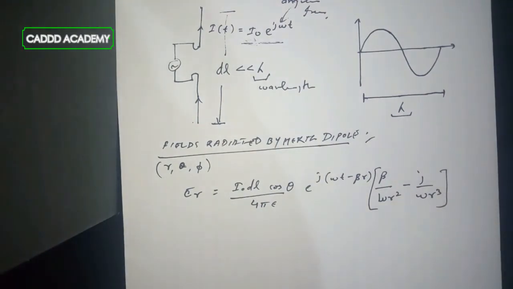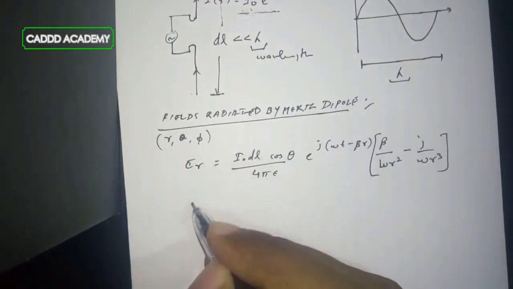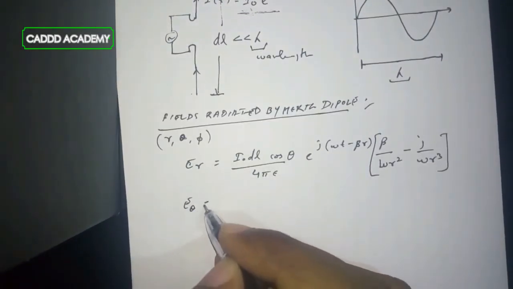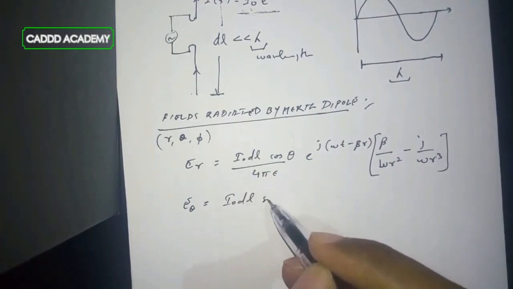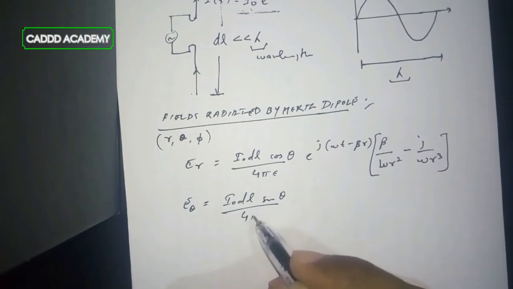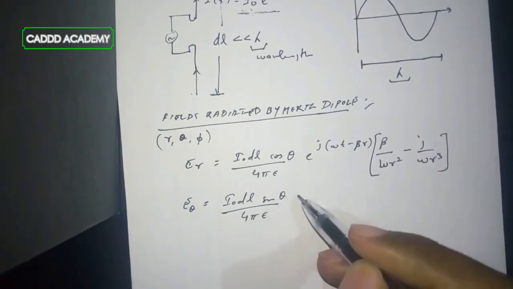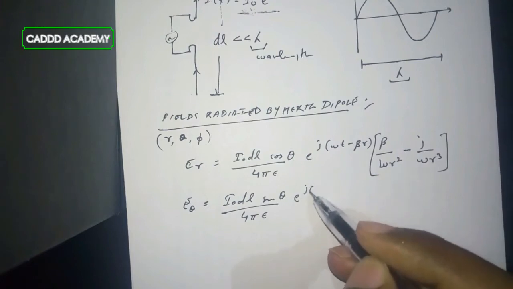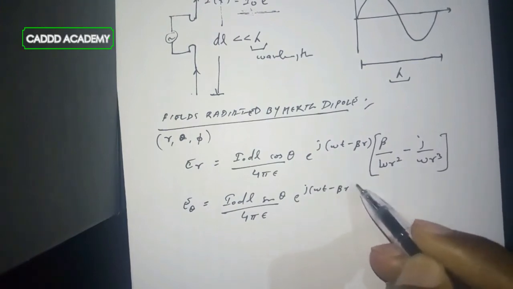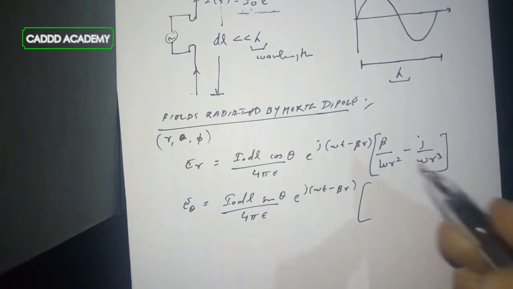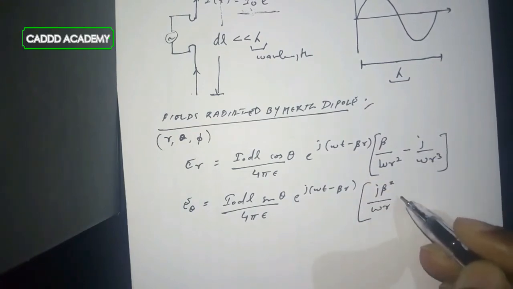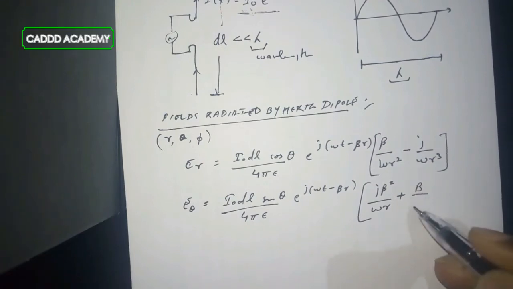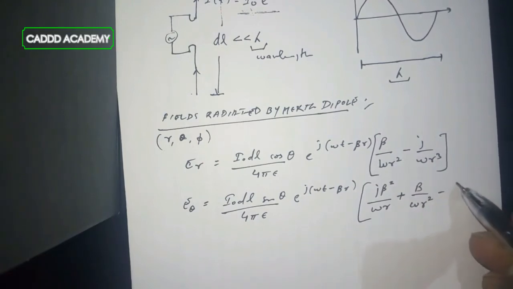The electric field radiated in the theta direction is I naught dl sine theta by 4 pi epsilon e to the power j omega t minus beta r, and then we have j beta square by omega r plus beta omega r square minus j omega r cube.